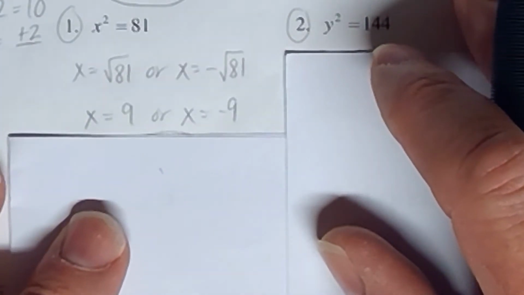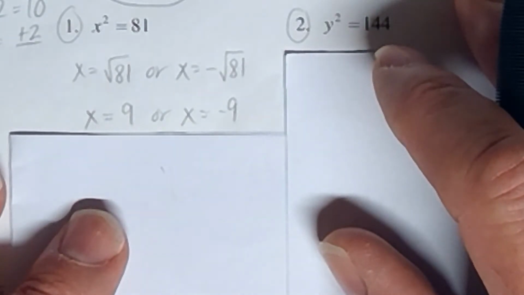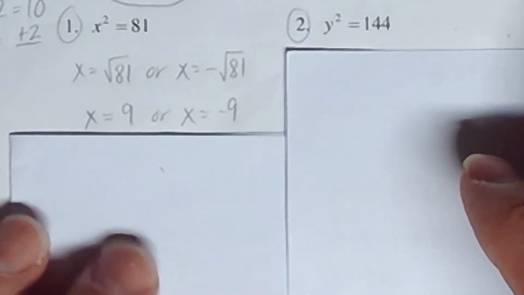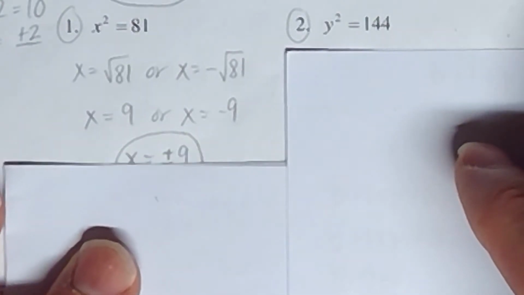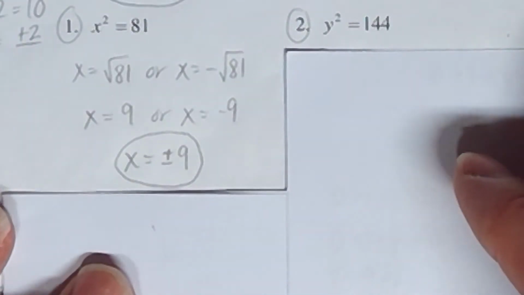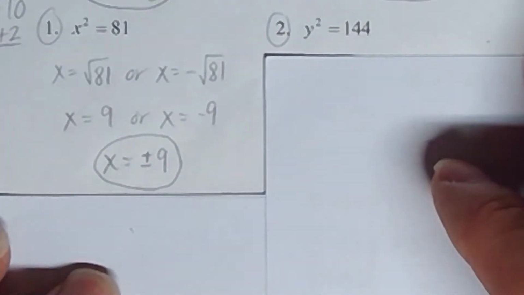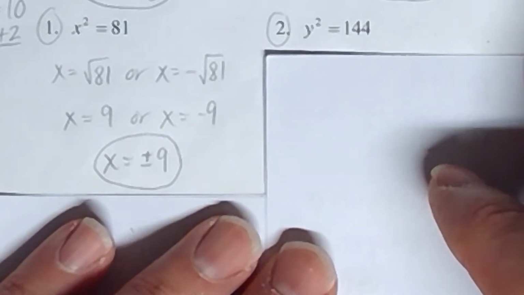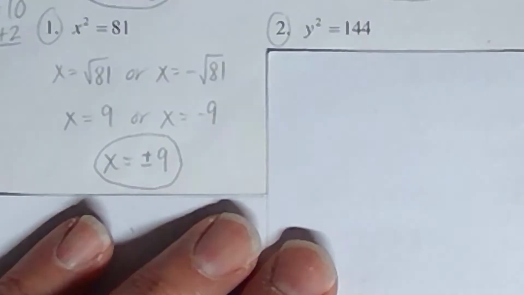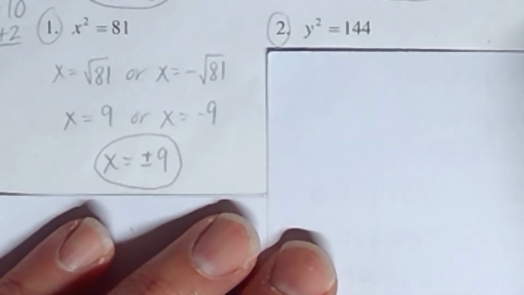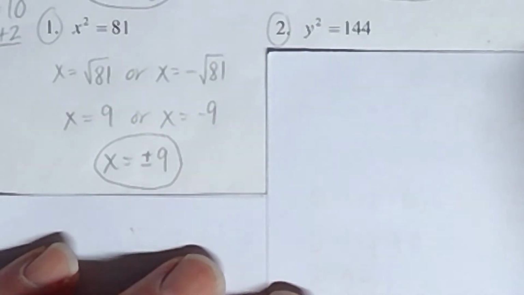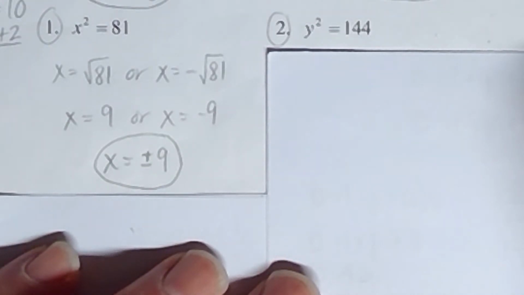It's just 9, so we end up with 9 and negative 9. And then finally, how do we condense our answer into one statement? With 9 and negative 9, we say plus or minus 9, don't we? Just like we did in problem A and in problem E, and pretty much all the problems, but those are the ones where the radicals disappeared at the end because we were able to figure out what the square root was equal to. But yeah, we've been doing plus or minus on all of them.